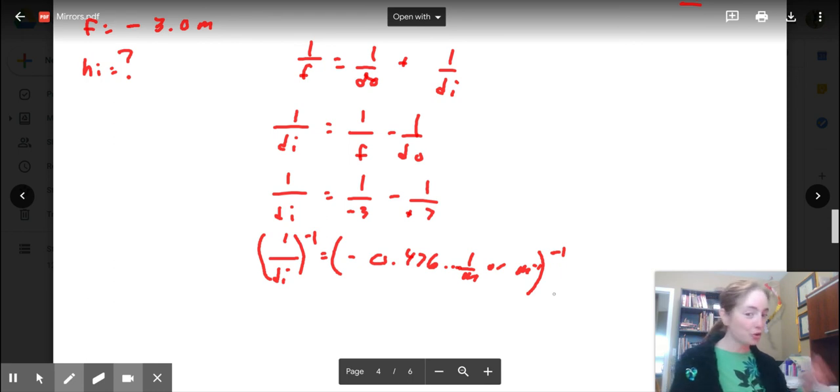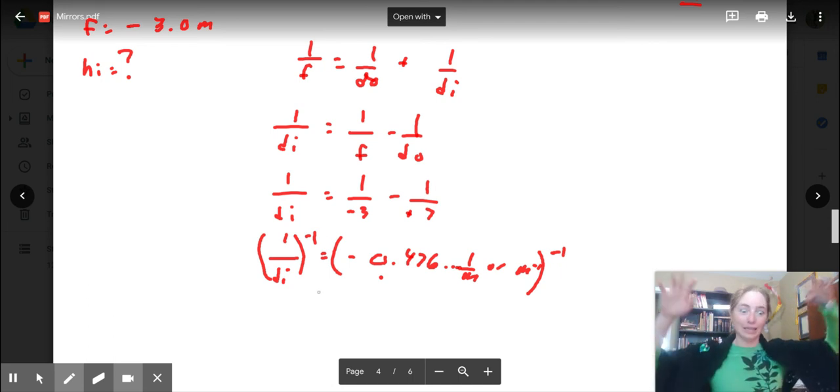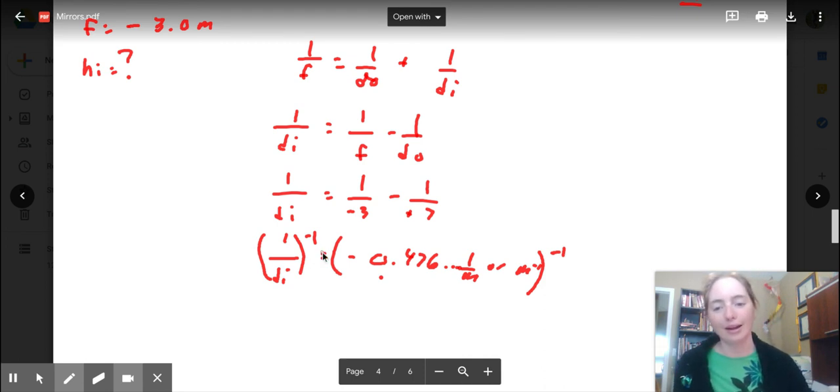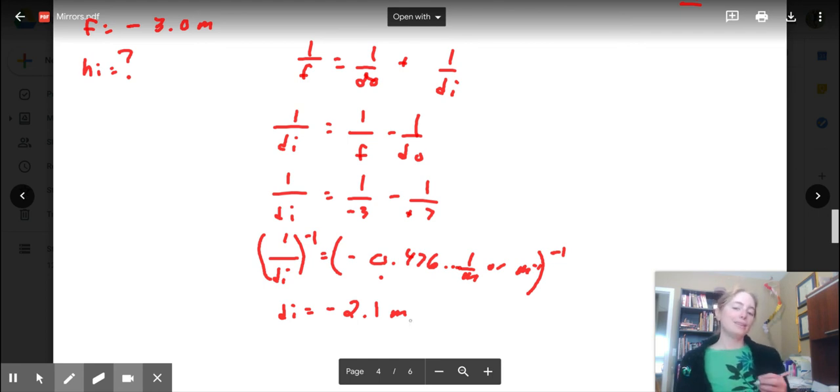In your calculator, you hit that x -1 button when you see this, because this is not DI. That is 1 over DI. DI just can't miraculously make its way up to the top of the dividing line. You have to do something to get it there. All right. So now, once you've taken your inverse, DI with appropriate sig digs is going to be -2.1 meters. Okay, so that negative tells us that it is going to be a virtual image.